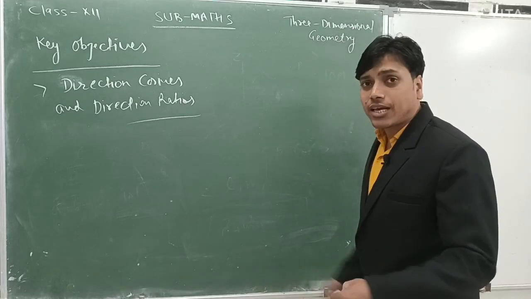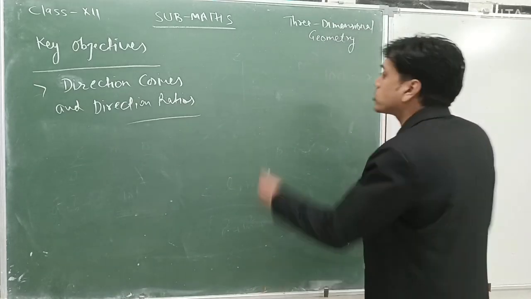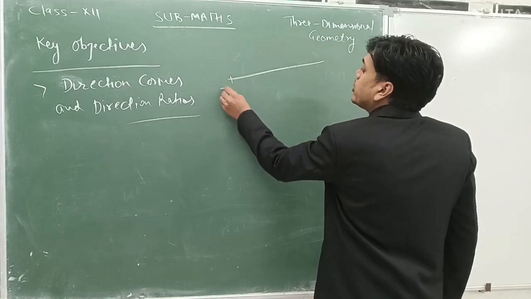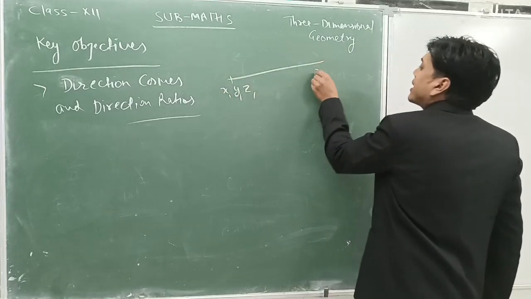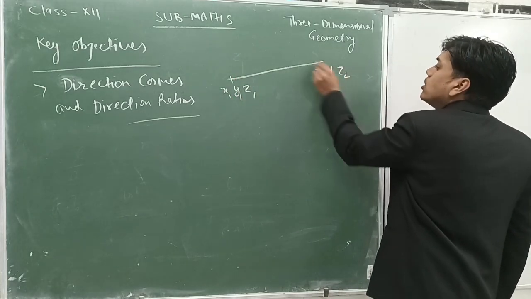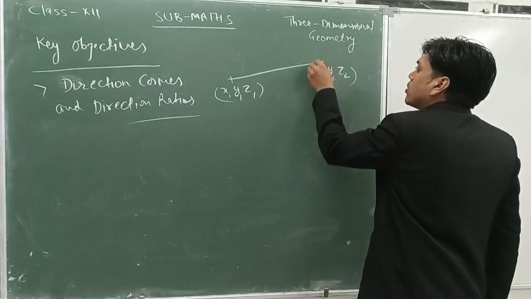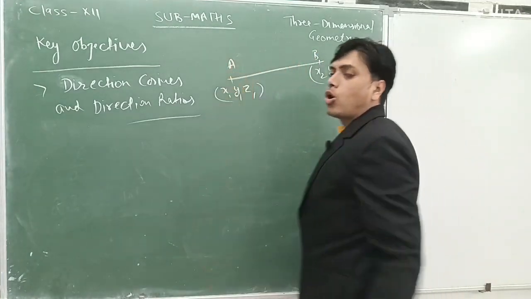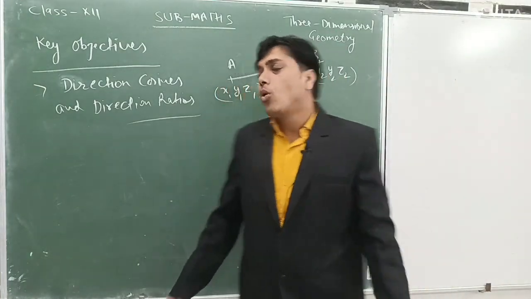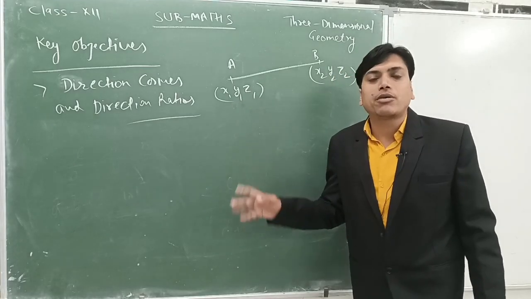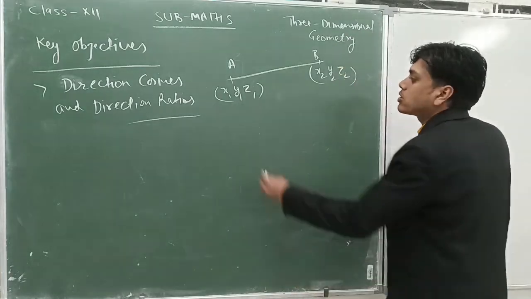But suppose the angles are not given, then how do we find the direction cosines? Suppose a line is there and we know that these are the two points x1, y1, z1 and x2, y2, z2. These two points are given on any line AB or PQ or OA, OB, whatever it is. If two points are given, then how do we find the direction cosines of the line?